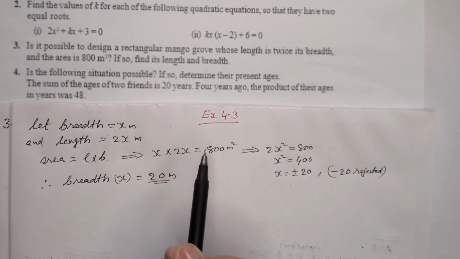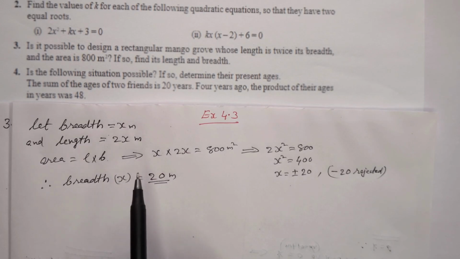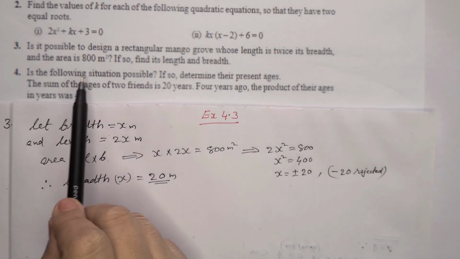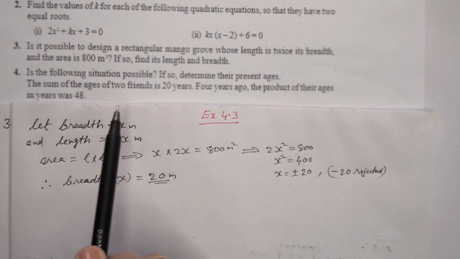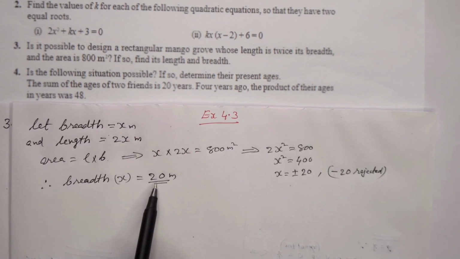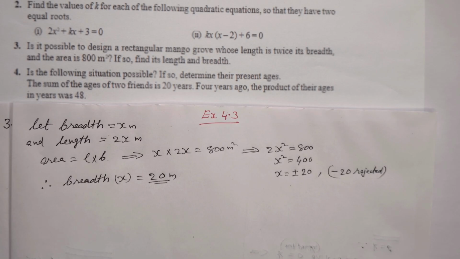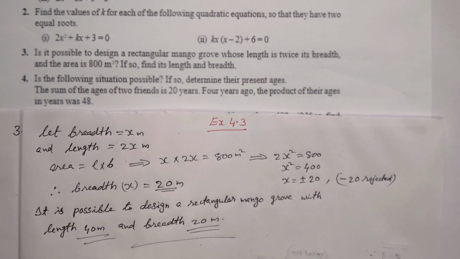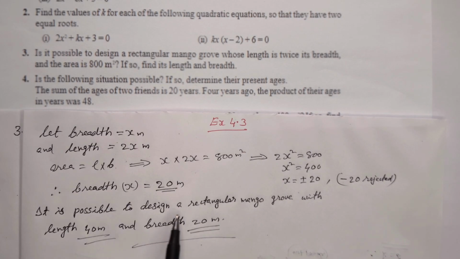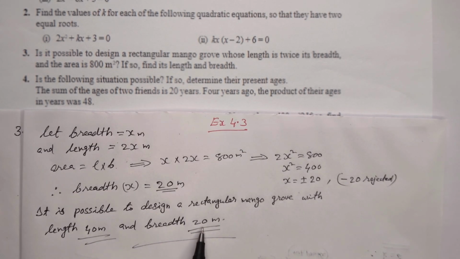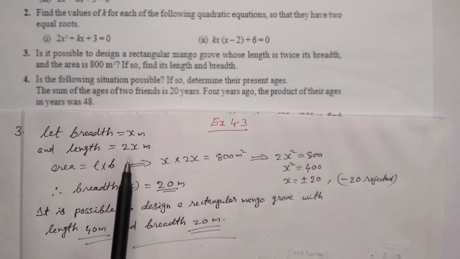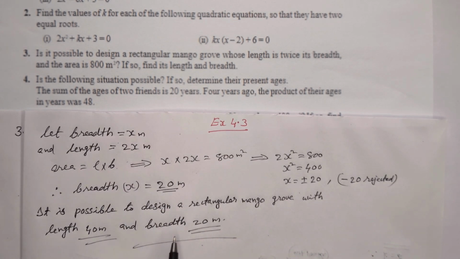Now the question, is it possible or not? So we can write, it is possible to have the rectangular mango grove with breadth as 20 meter and length as 2 times of that, 40 meter. So we can write in a sentence according to the question: therefore, it is possible to design a rectangular mango grove with length 40 meter and breadth 20 meter.